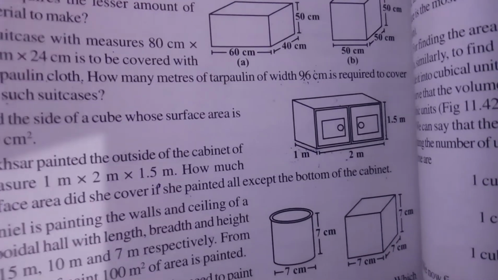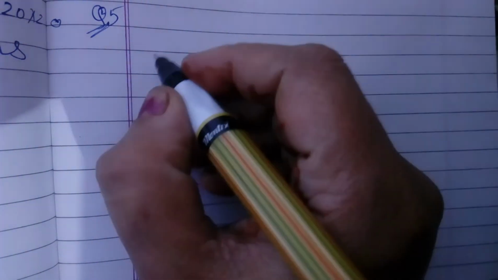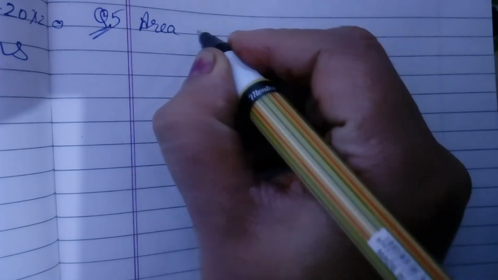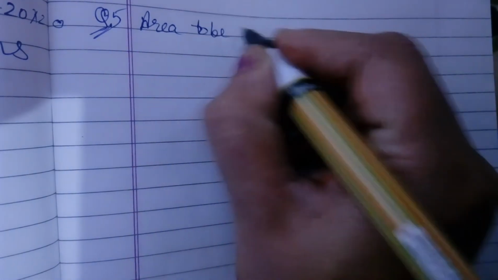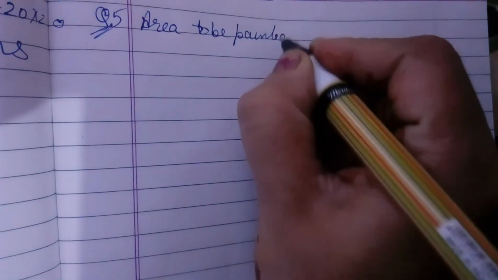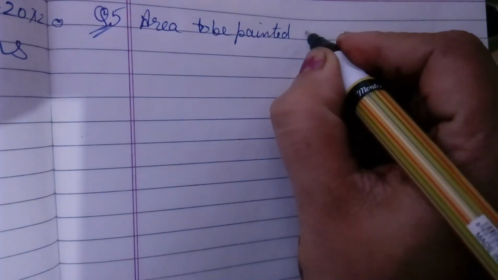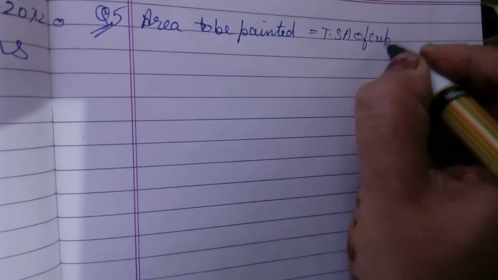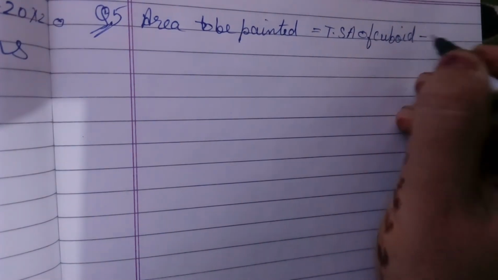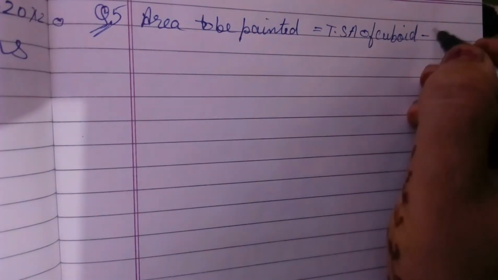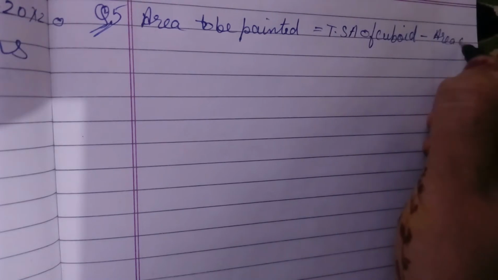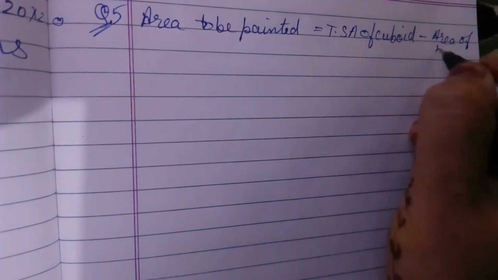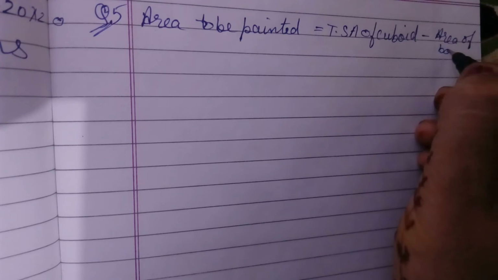So how will we do it? You will write: the area to be painted by Pushkar is the total surface area of the cuboid, that we did yesterday also, minus the area of the base.